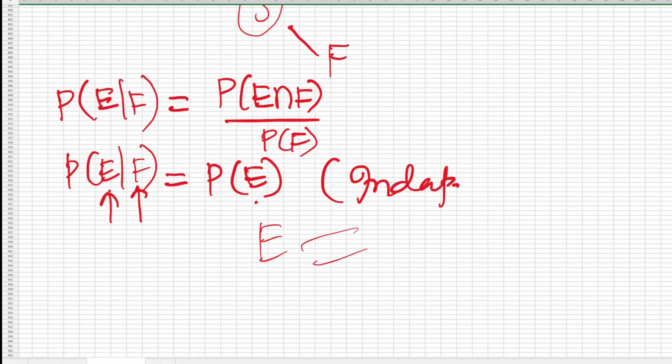The occurrence of one event is not affecting the second event at all. When this type of relation holds, the two events are called independent events.